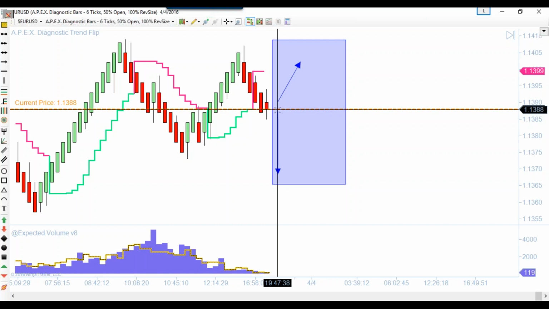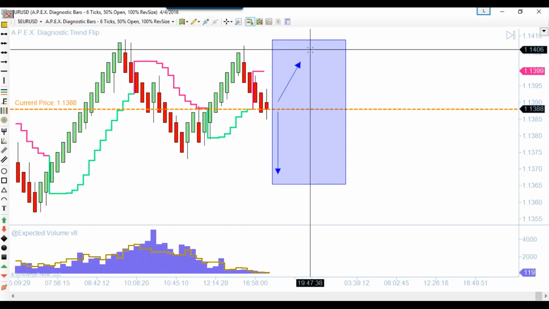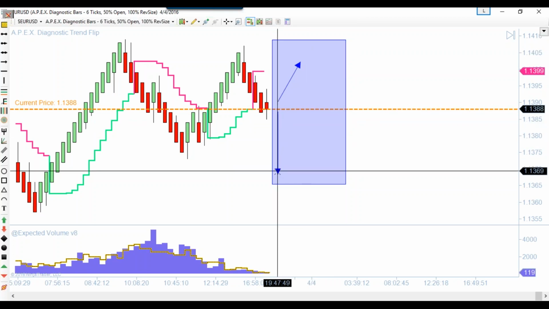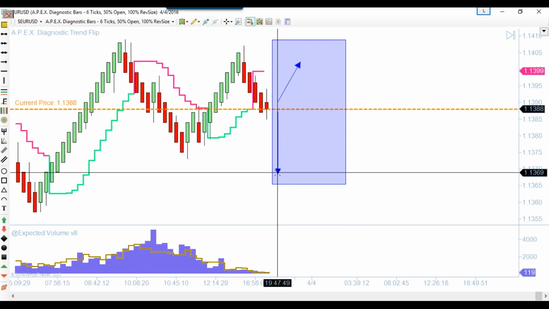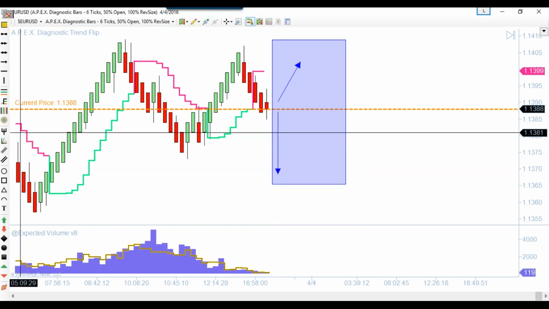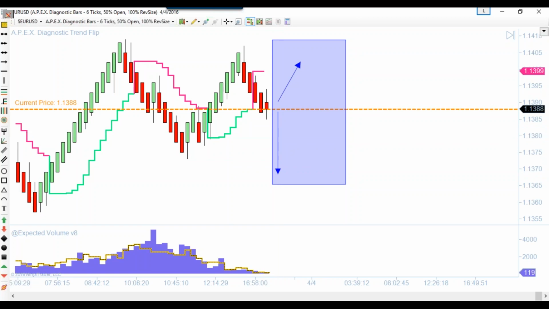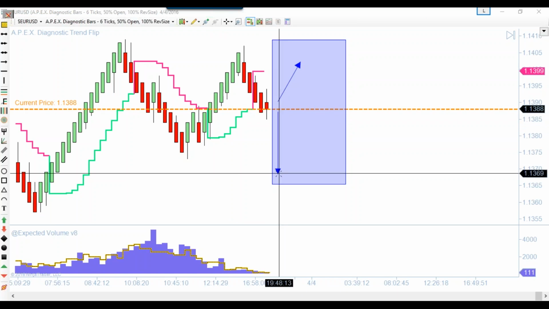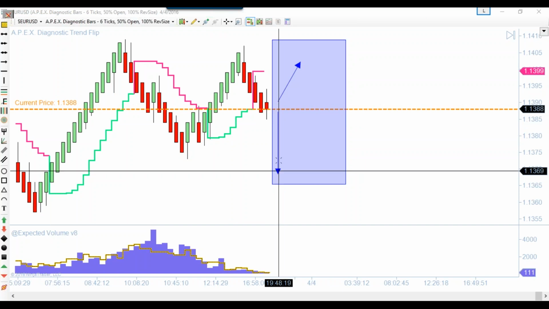If I bought the spread to go up and I'm wrong and it went all the way down here against me, 20 bucks, how much did I lose? What if I bought 4 spreads? If I bought 4 spreads and the market went down against me 20 pips, I'd lose 80 bucks.